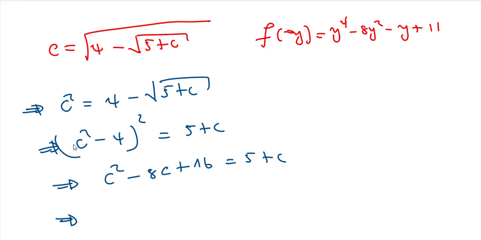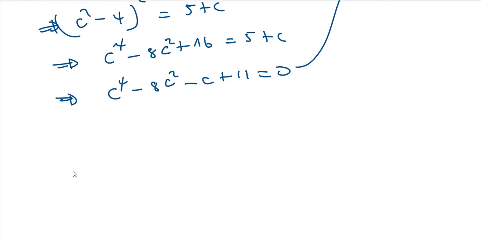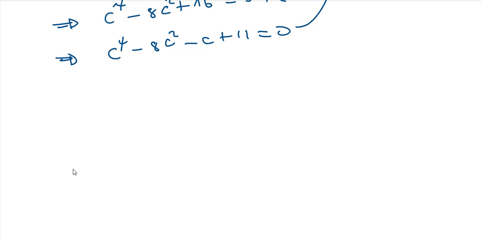So we see this will give me c to the power 4 minus 8c squared minus c plus 11 is equal to 0. So you see that it suffices for me to pose y equals c and the solution is out, or you do the other way around. So as your own personal work, do that for d and show that it is it.